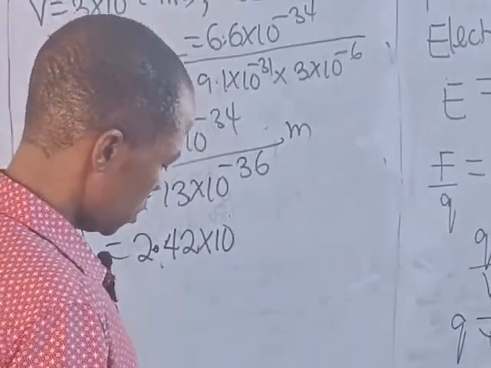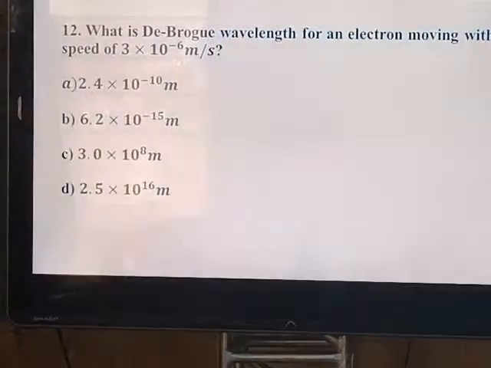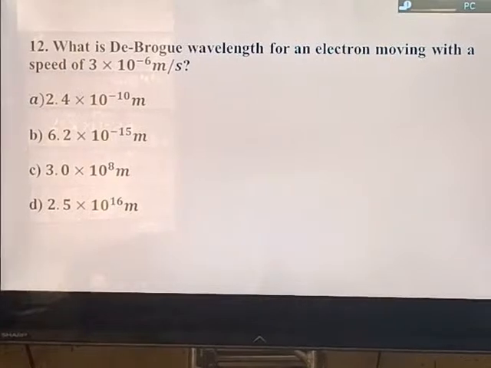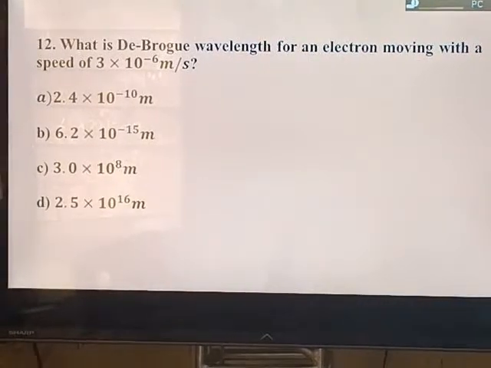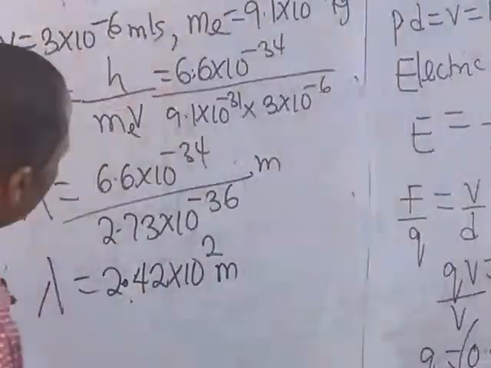So that gives us 2.42 times 10 raised to power 2. If you do it very well, that's going to be in meter.